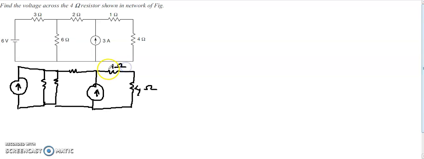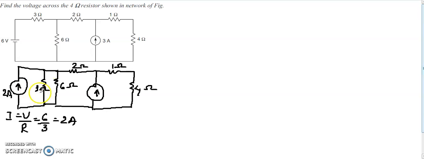So we shouldn't add these two to write it as 5 ohm. We have to find the voltage across the 4 ohm. So we can write here 2 ohm, here it's 6 ohm, here it's 3 ohm, and here the current is I is equal to V by R, that is 6 by 3 is equal to 2 ampere.